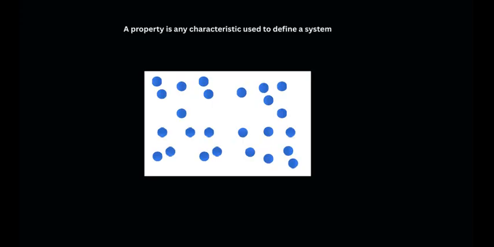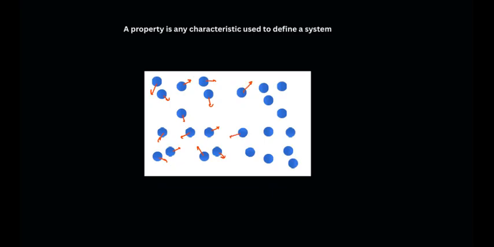I have this box full of molecules, and all the molecules are having some random motion. Now, first of all, this is my system, I want to study this box full of molecules. If I want to define the system, I have to define some of the characteristics of these molecules.